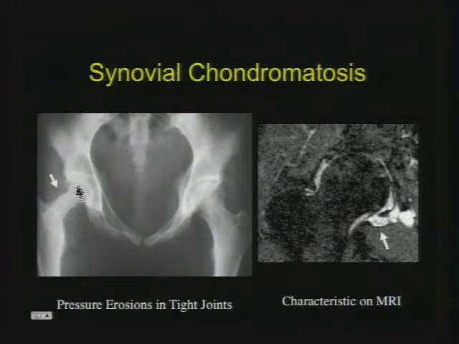You may see tight joints like the hip having smooth erosions in them. When we see that, like this apple core hip, we think about some filling process inside that's synovial, and the choice is, if there's no ossification, PVNS and synovial chondromatosis, but you can't really tell unless you look at an MR. If you look at an MR, they could look very similar with low signal bodies inside the joint, but if you did gradient echo, you might see that it blooms or has magnetic susceptibility, and that would tell you that there's hemosiderin in there, which would be more likely PVNS.